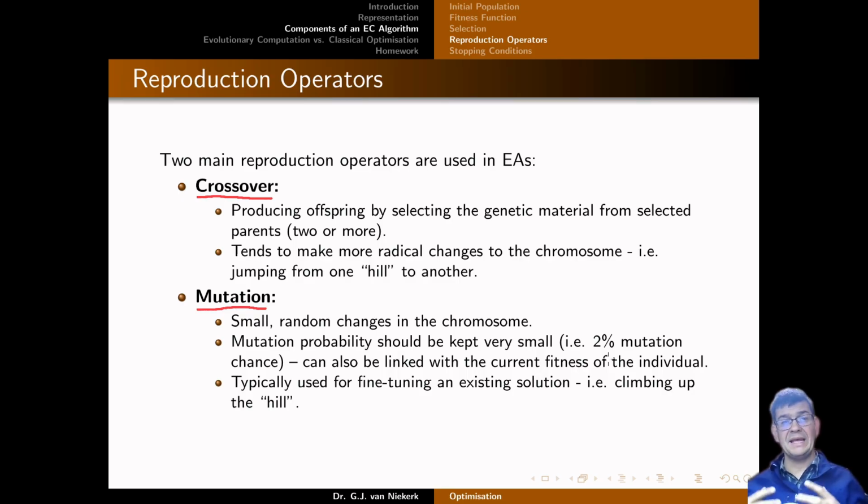This typically gives you those fine-tuning elements and adds a little bit of diversity to the population. Mutation is a very important part of reproduction, but it has to be a very, very small rate of mutation. Otherwise, you're not going to make progress. Your exploration is simply going to be too large. So that's reproduction.